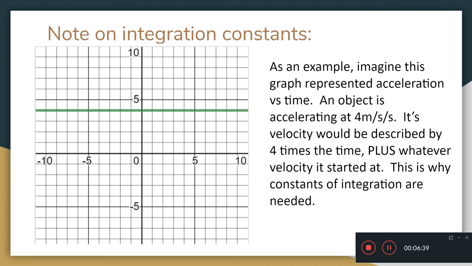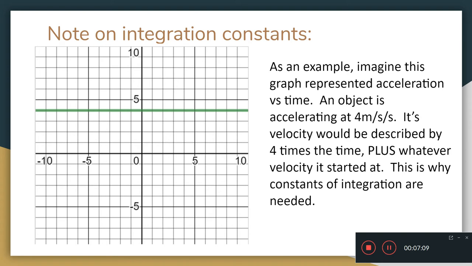If its acceleration is 4 meters per second, then every second its velocity goes up by 4. So it could be 4 meters per second, 8 meters per second, 12 meters per second, etc. However, just by taking the integral, we don't know what velocity it started at. We can't assume that it starts from rest. So we also have to add in whatever the starting velocity was.